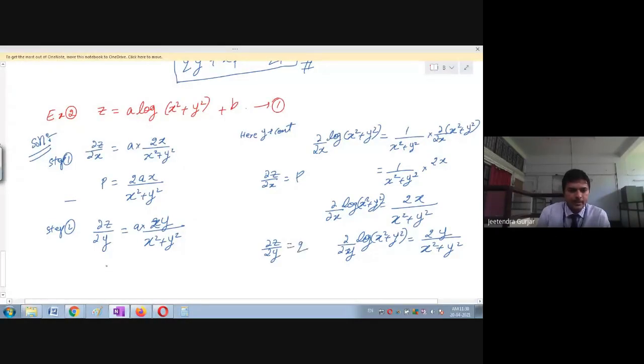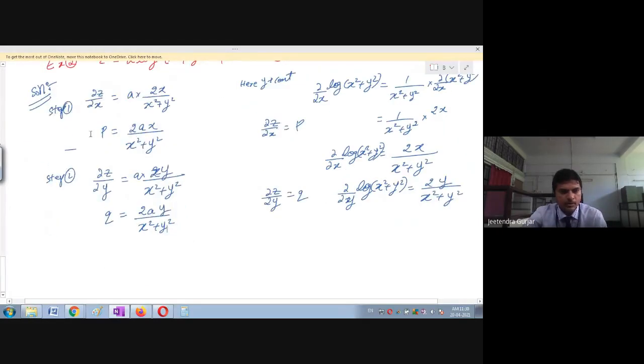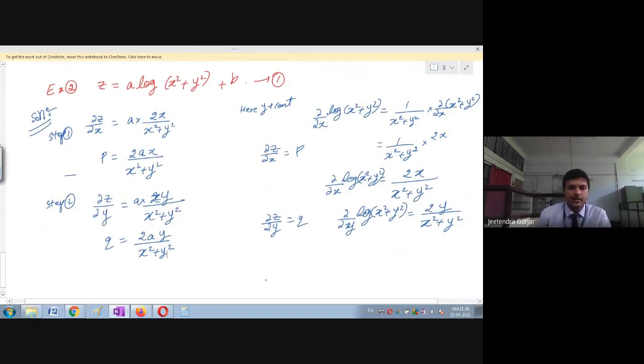Therefore I will write here q is equal to 2ay upon x square plus y square. So can you compare these equations? What should be modified? Can anyone tell me? Yes, just look at these two equations. Why is this stepping like this?